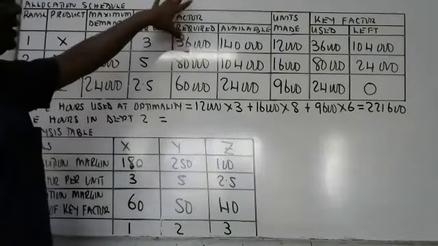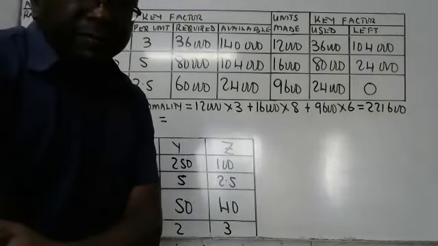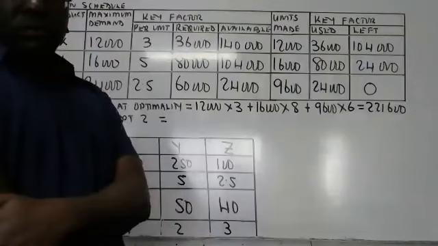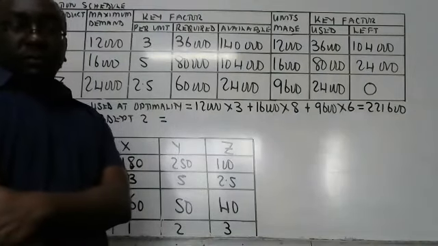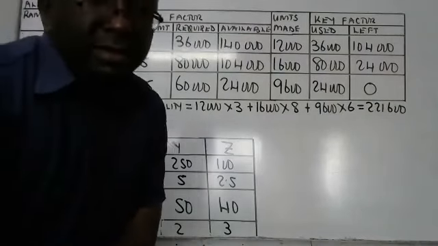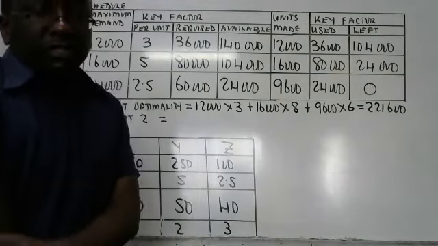Tukiwa kwa budget, department 2 ilikuwa na total ya what? In the analysis for the labor hours, it had a total of 246.